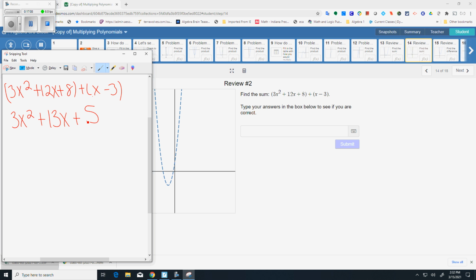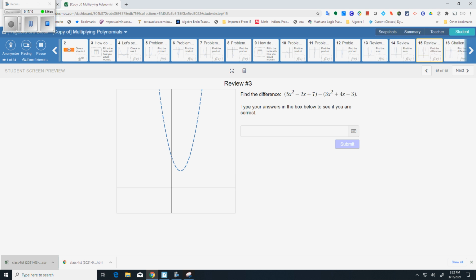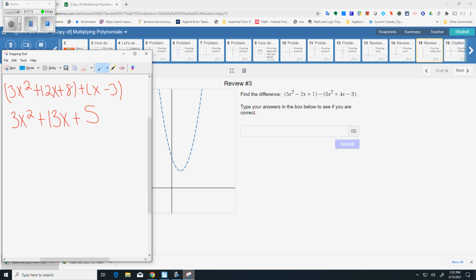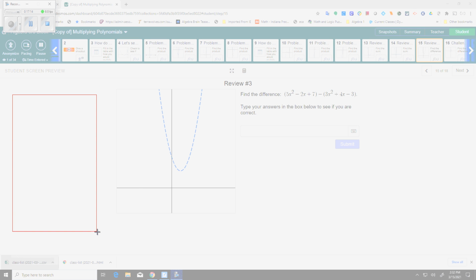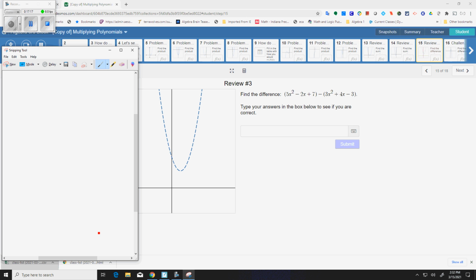On to the next. So then on this one, we're doing subtraction. So we have 5x squared minus 2x plus 7. And then when we're doing subtraction, we distribute the negative. So the positive 3x squared would turn into negative 3x squared.